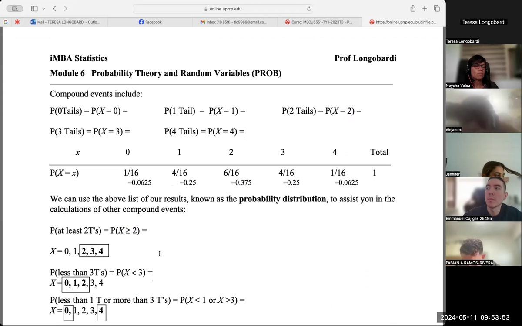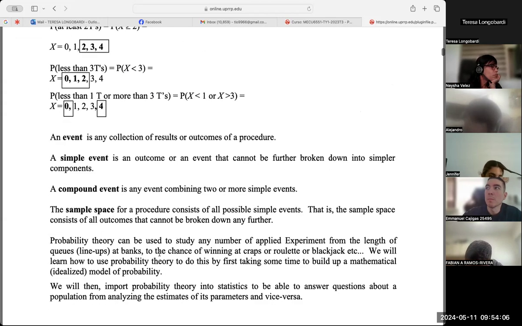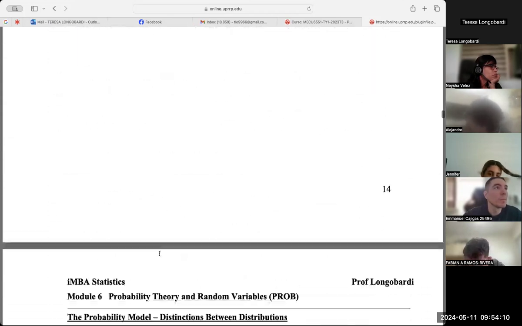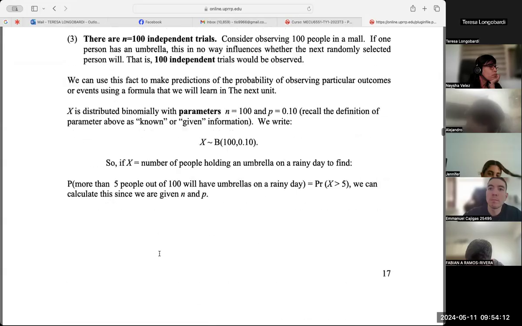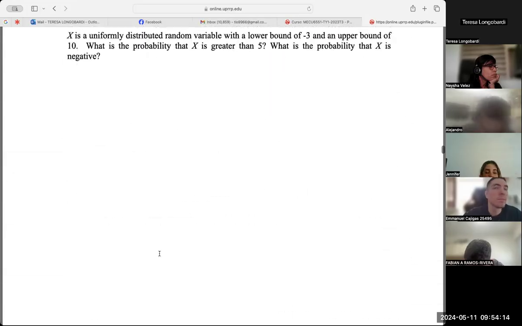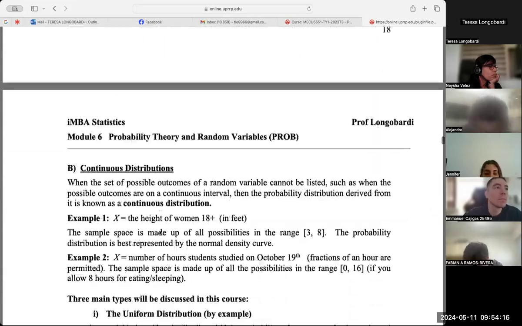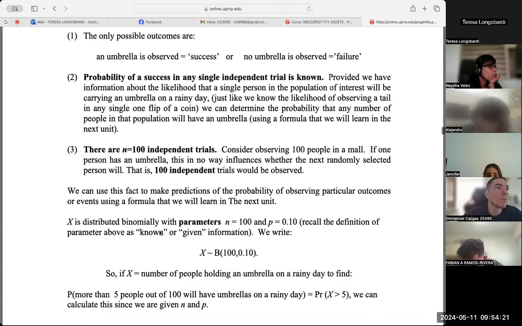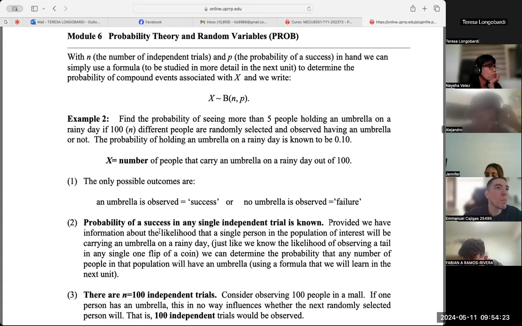Like the normal distribution can be infinite different kinds of normal distributions, but we talk about the standard normal, and we use it to help us with predictions. There's a lot in here about probability theory that you work through. What I really want to talk about right now is those different kinds of distributions, because that's module 8.